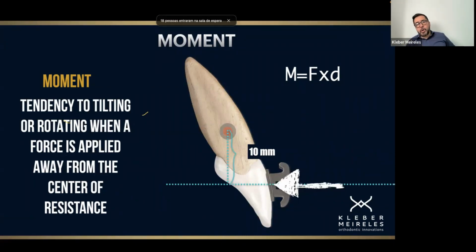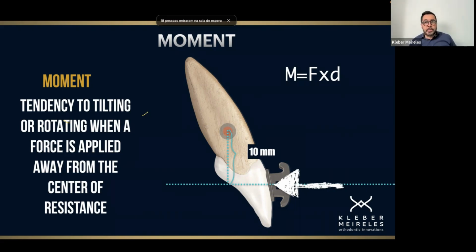Of course, you know from this view that if the line of action of the force is far from the center of resistance, the moment will be a greater moment.